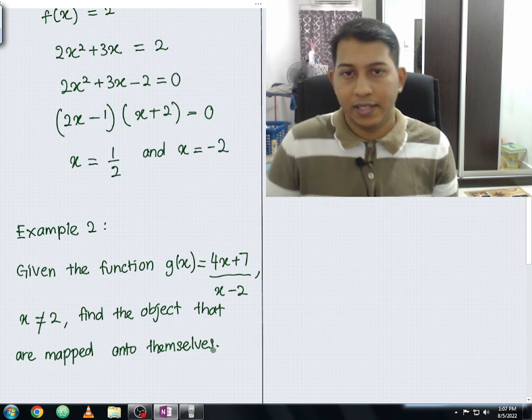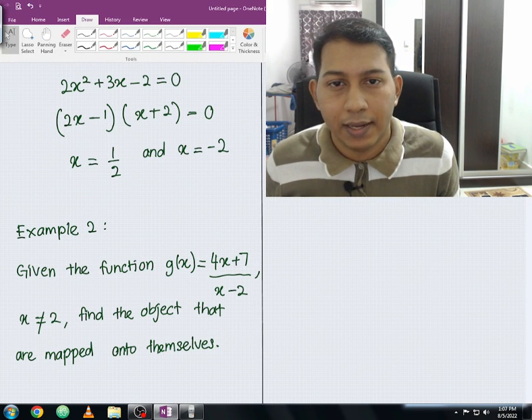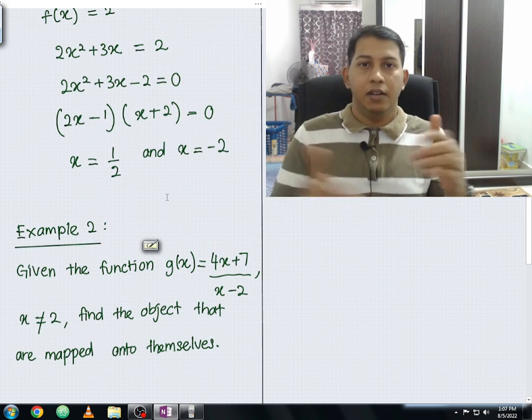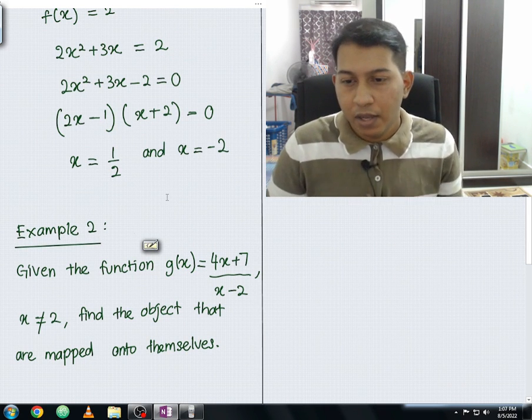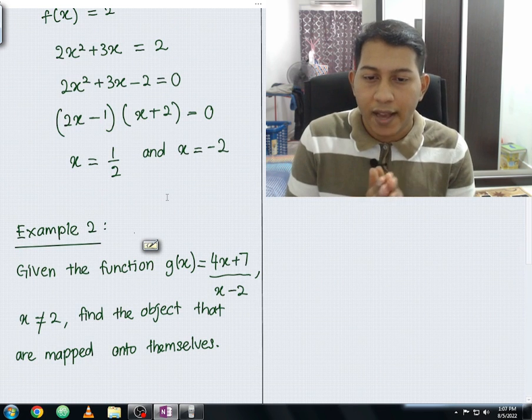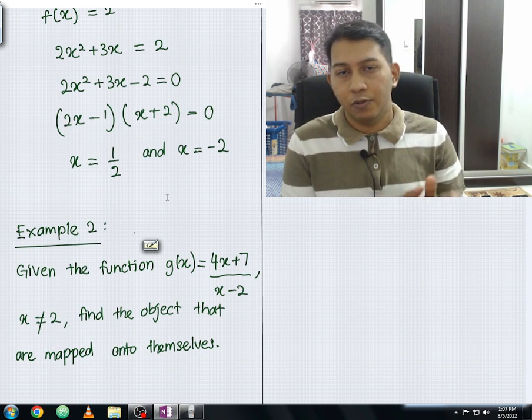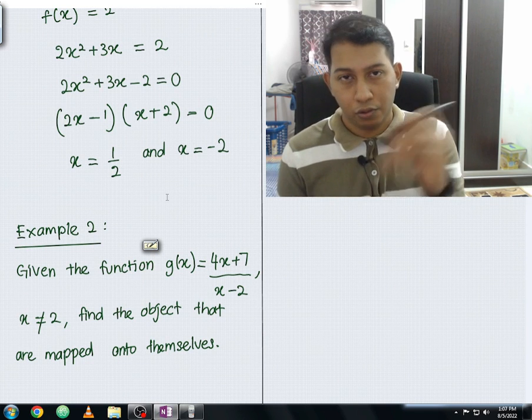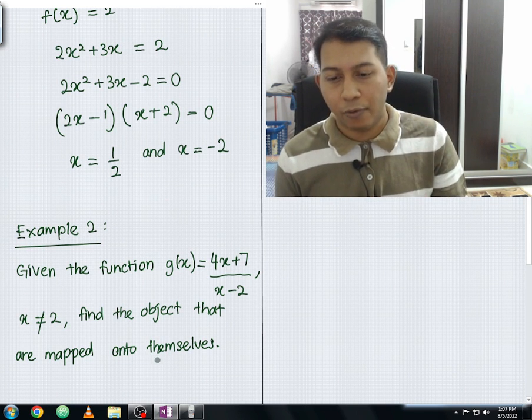So this is your example 2. Let me read the question one more time: given the function g(x) equals to 4x plus 7 divided by x minus 2, provided the condition that x cannot be equal to 2, find the objects that are mapped onto themselves.